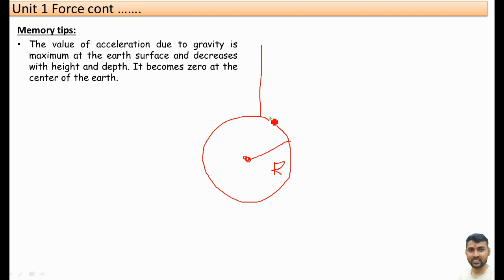The value of acceleration due to gravity is maximum at the surface. As we go down from the surface of the Earth, acceleration due to gravity decreases, and if we go up from the surface of the Earth, acceleration due to gravity also decreases. In both conditions, acceleration due to gravity is maximum at the surface of the Earth.